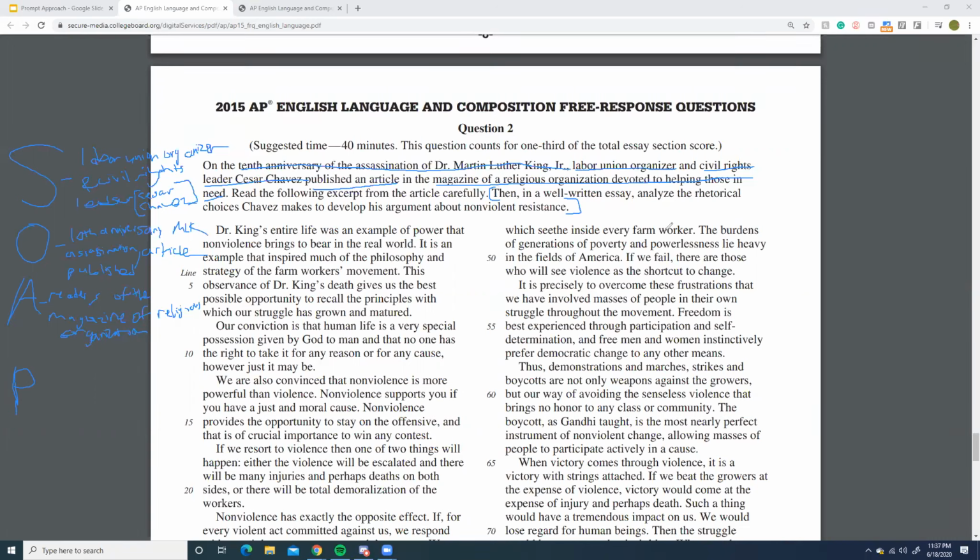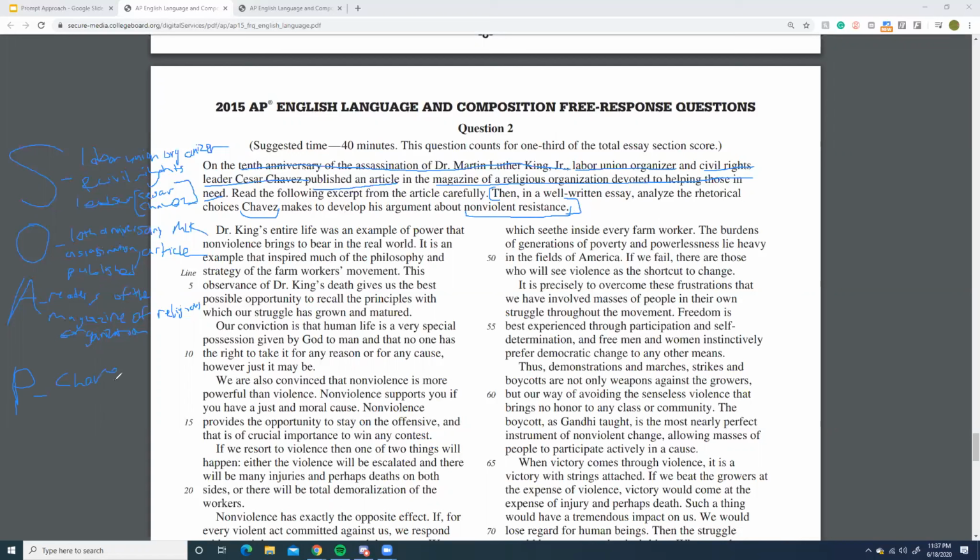You can pretty much take it almost word for word. Typically they'll say, then in a well-written essay, analyze the rhetorical devices the author makes to develop his or her argument about nonviolent resistance. All right, so now you know the purpose.